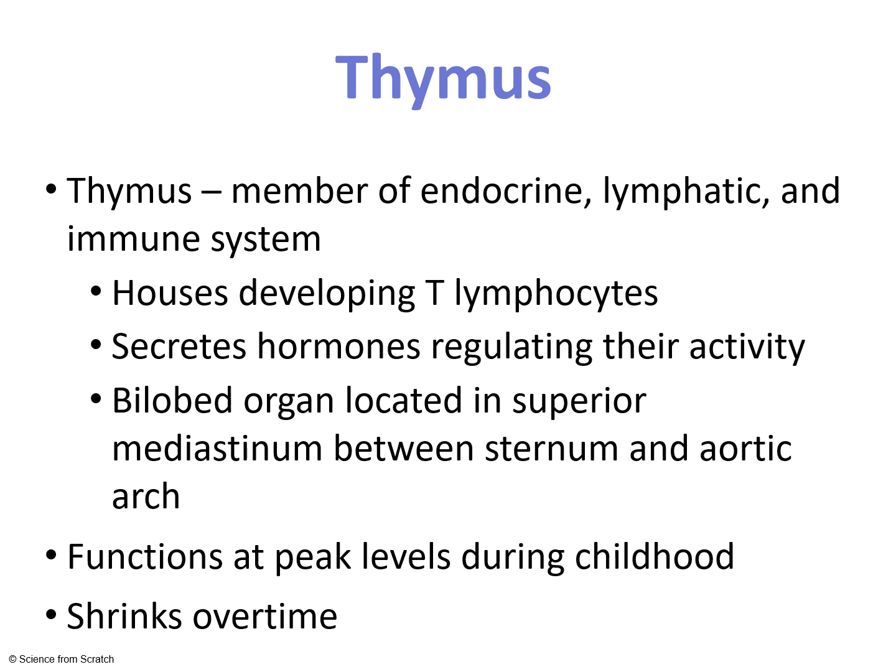And it's also going to secrete hormones that will regulate their activity. It is bilobed and is located in the superior mediastinum, behind the sternum, and the aortic arch. And over time, this gland will shrink, and it's almost microscopic once we get into the elderly.